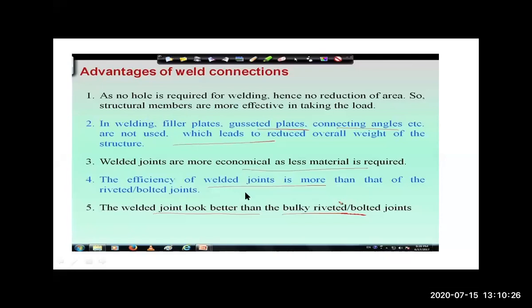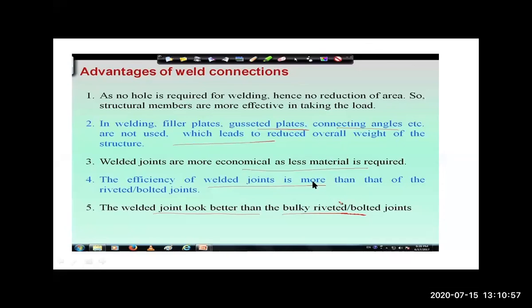In the bolted connection, we are making holes in the plates, whether in a double cover butt joint or a single cover butt joint, and we are inserting the bolt. In welded connection, as no holes are required for the welding, there is no reduction of the area. So we will get more strength.